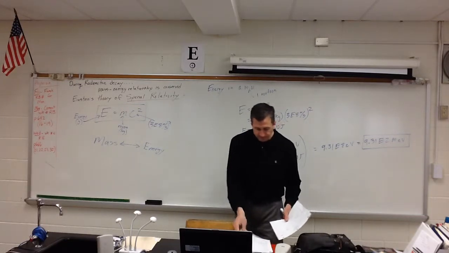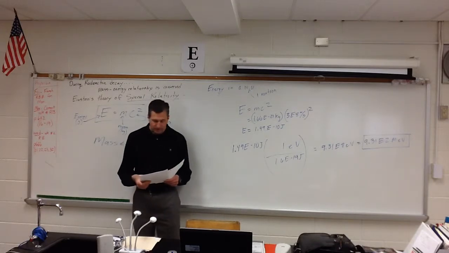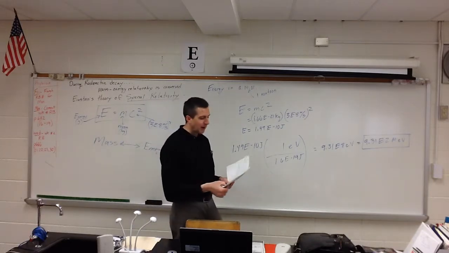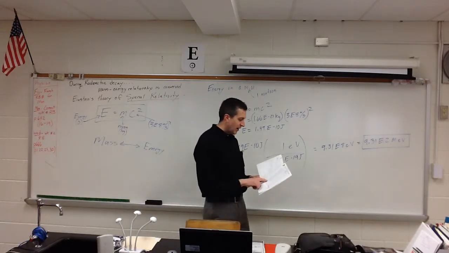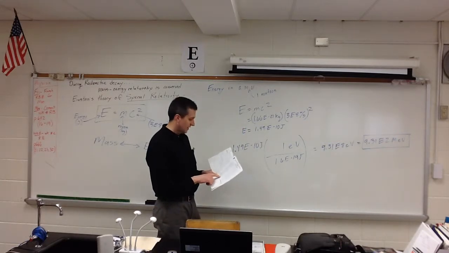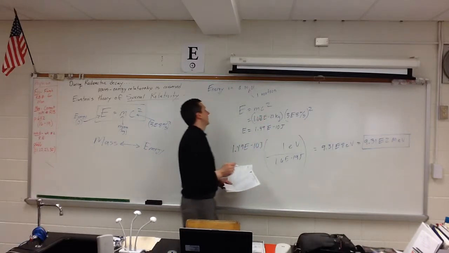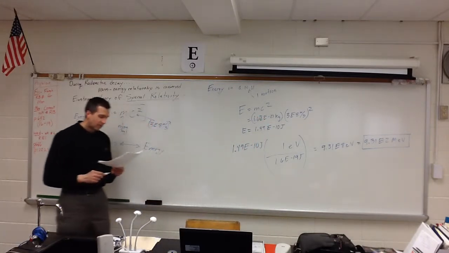Also, while you're on that front page, note that in the first box, the rest mass of a neutron, I guess they write it as 1.67, but that's where I got the number from.